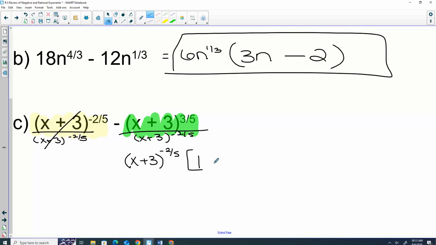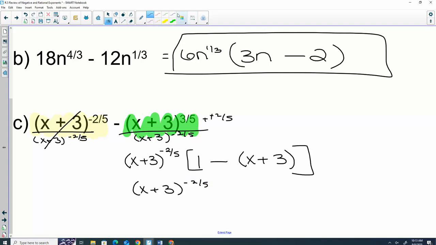Okay, so this one. When I divide, I'm subtracting 3/5 minus -2/5. It's a positive. And that's 5/5 or just 1. So I get 1 minus x plus 3.